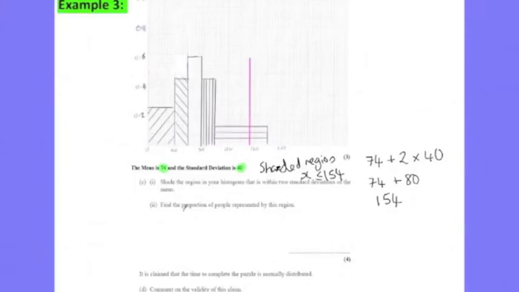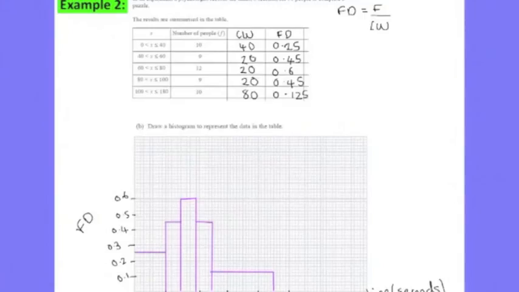We're then asked to find the proportion of people represented by this region. Well, taking a look back at your table, it includes all of these people here, which add up to 40, and some more.